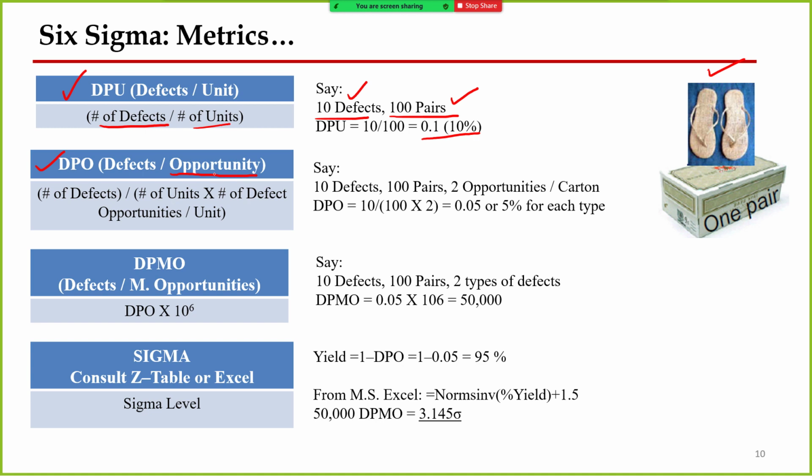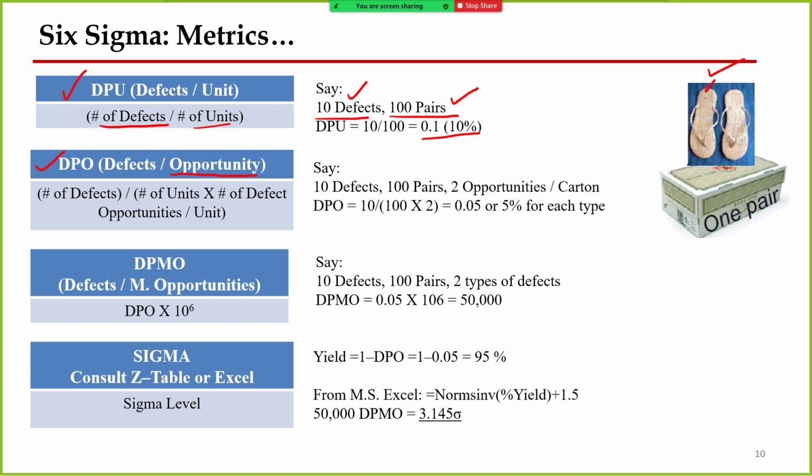But the better definition is the number of ways you have created to find a defect, which is basically the checklist, or the inspection points.